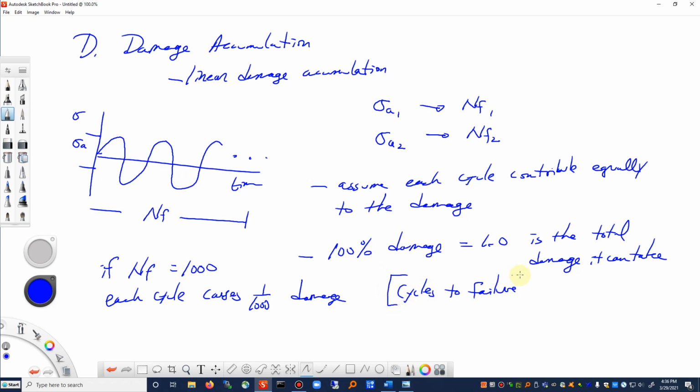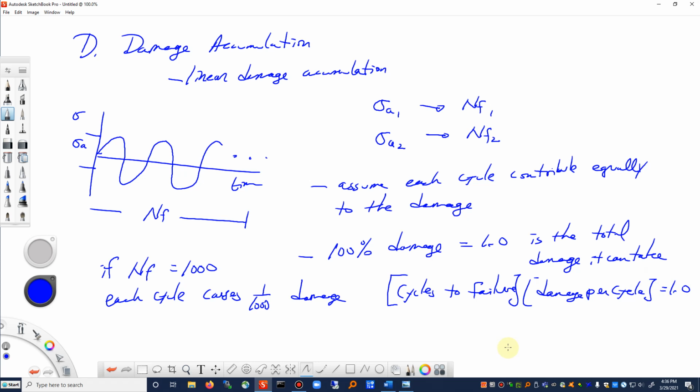So cycles to failure times the damage per cycle is equal to 1. And this would work for whatever stress amplitude we have and whatever number of cycles we had for that particular component.